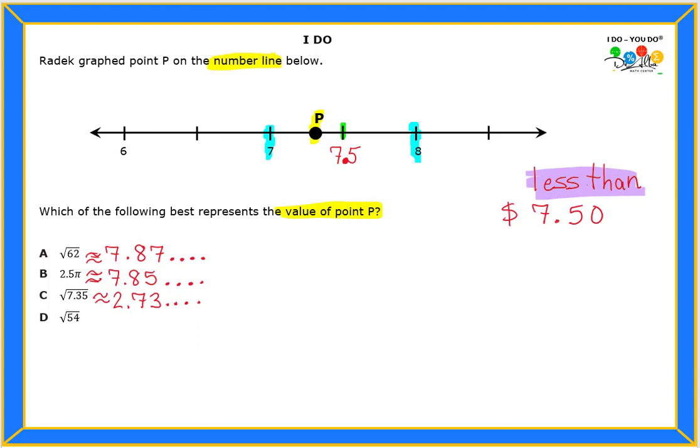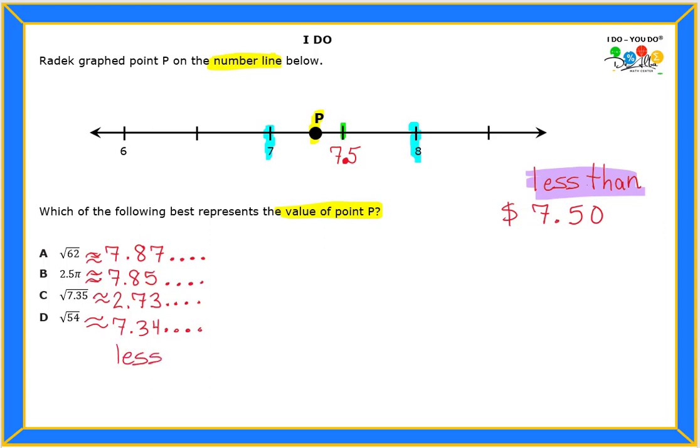Is that right? Okay, what about letter D? What is my approximation for this one? Well, this one is 7.34. I'm not rounding, I'm just using the first two digits after the decimal, right? That's $7.34. Is that less than $7.50? Yes, it is, right?